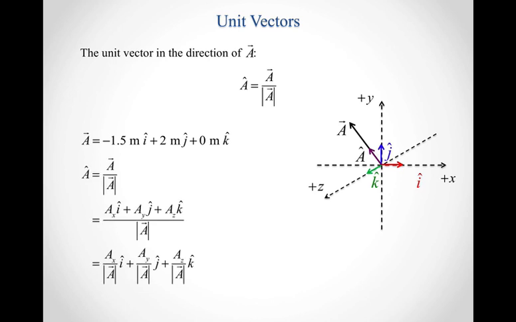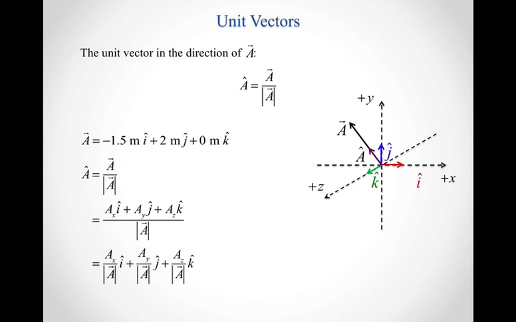So to calculate that out, when I break up vector A and write it out in unit vector notation, it's going to be the x component of A times I hat plus the y component of A times J hat plus the z component of A times K hat, and then that's being divided by this scalar magnitude.